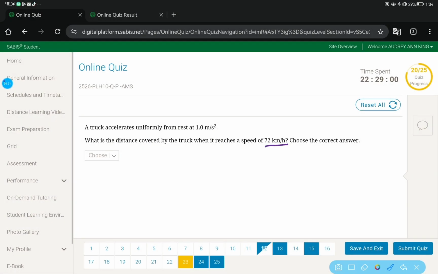You multiply it by 3.6 and you get 20 meters per second. Our initial velocity is 0, our final velocity is 20, and our acceleration is 1.